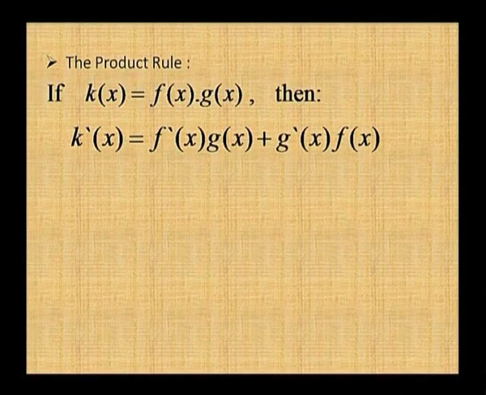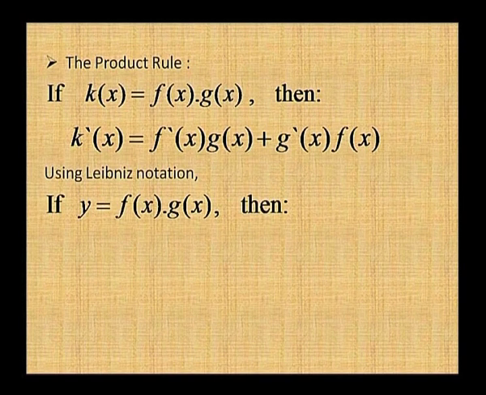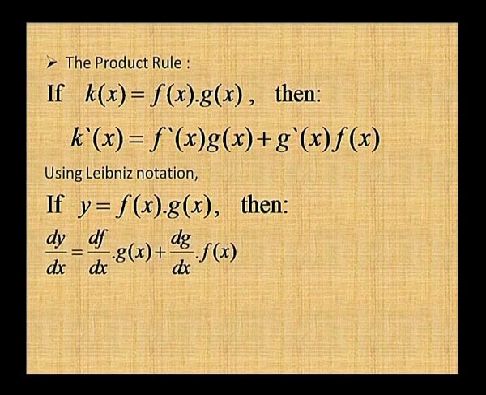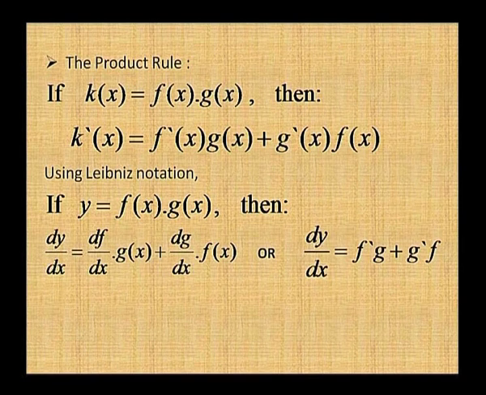This rule is also known as UV differentiation. Using Leibniz notation, if y equals f(x) multiplied by g(x), then dy by dx equals df upon dx multiplied by g(x) plus dg by dx multiplied by f(x), or dy by dx equals f dash g plus g dash f.